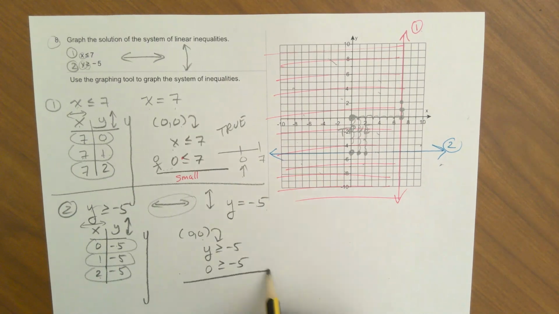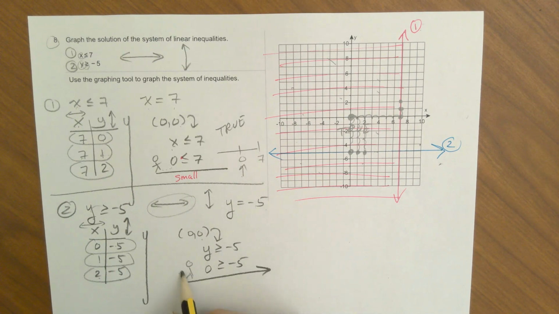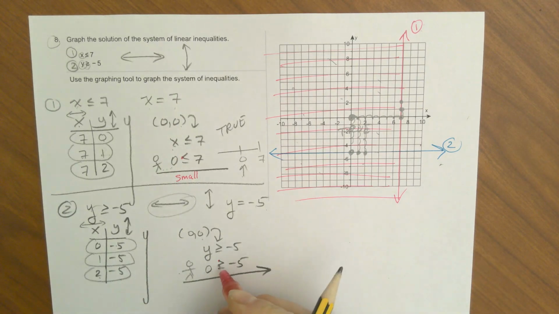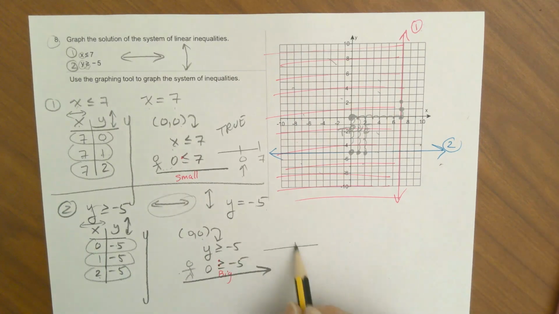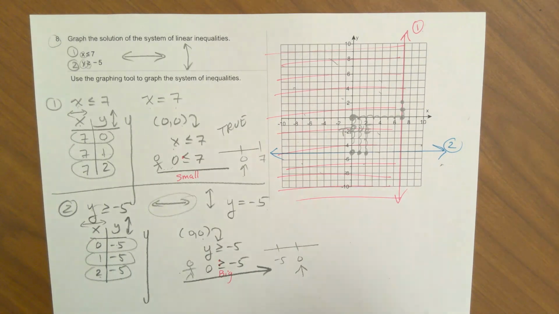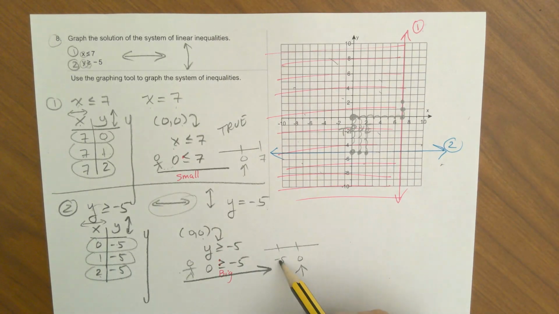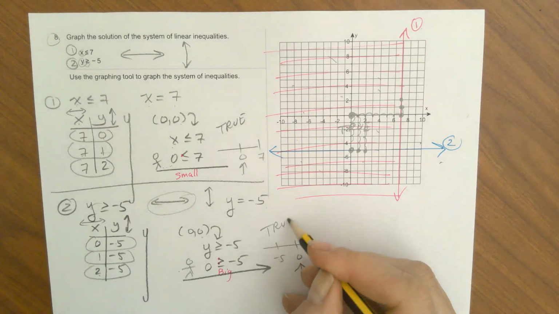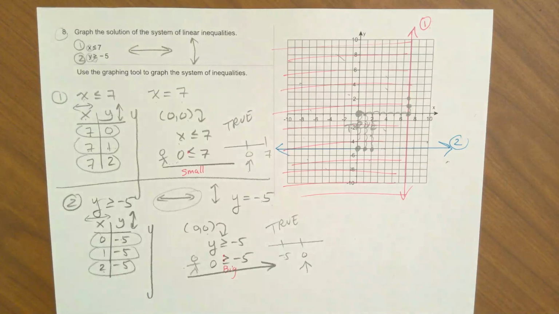I read it this way. This is me walking. When I walk, I touch the 0, and then I touch this side of the sign first, which means big. 0 is bigger than -5. Is 0 bigger than -5? Yeah, that's true.